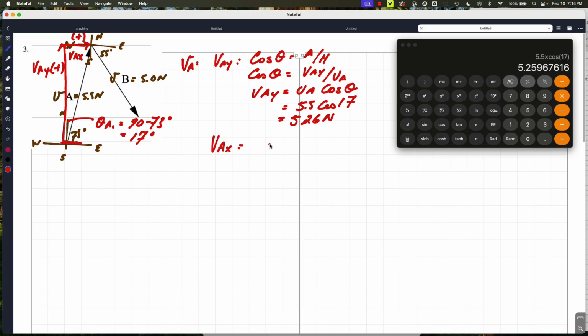VAX will use the sine ratio, opposite over hypotenuse. The opposite will be VAX over VA.